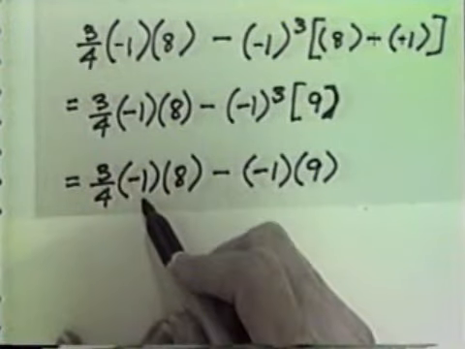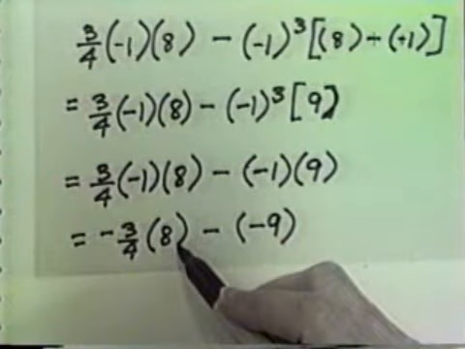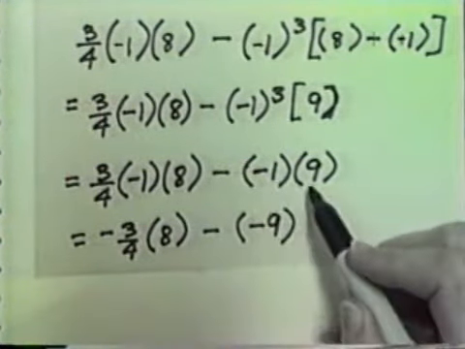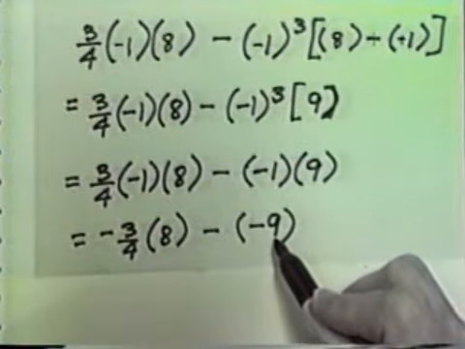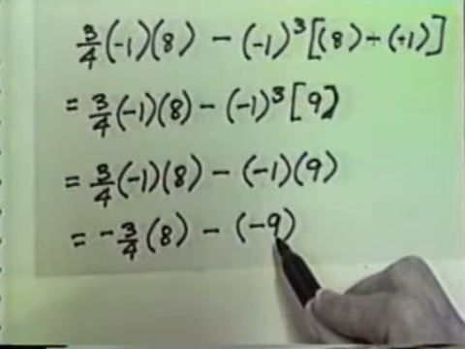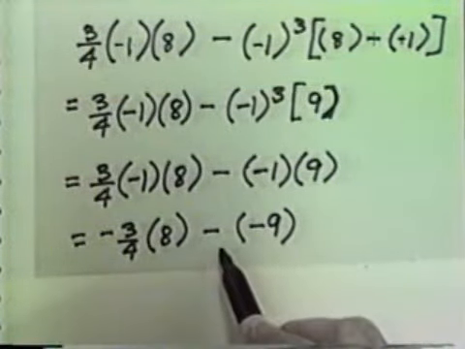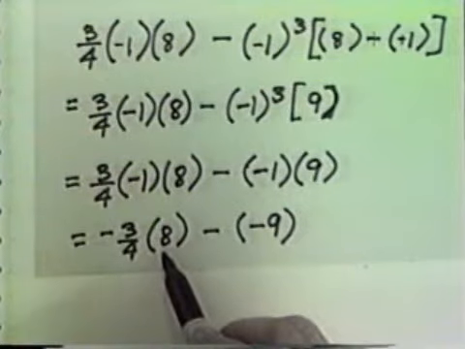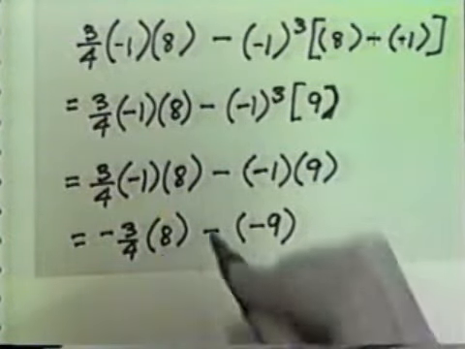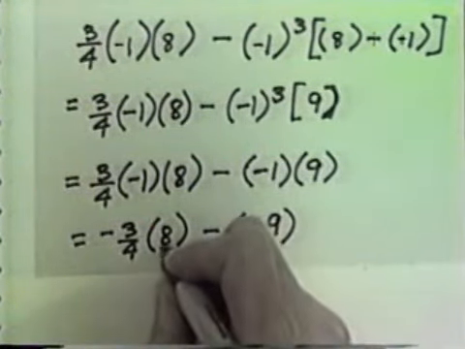Multiplying, 3/4 times -1 gives us -3/4. So we have -3/4 times 8. And this next pair, -1 times 9, gives us -9. Then multiply and subtract. We multiply before we subtract. -3/4 times 8. The 8 is 8 over 1.